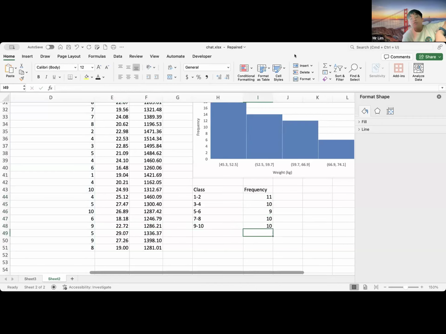I believe all of them should add up to 50, right? Total is 50. Sum of this is 50.